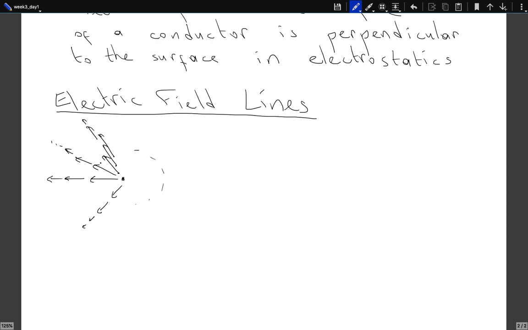It's as if they are lying on this line. Here they are also lying on the same line. So we draw lines that at every given point should be tangent to the electric field at that point. So in this case, this is an electric field line. This is another one. These are all electric field lines.